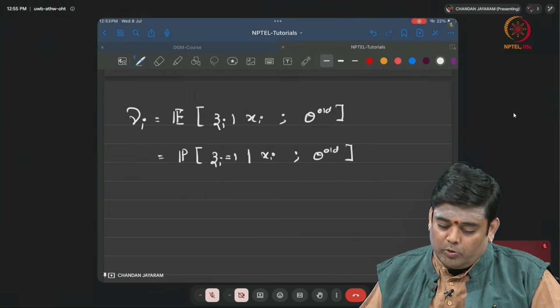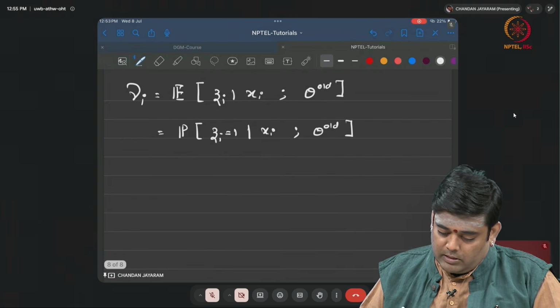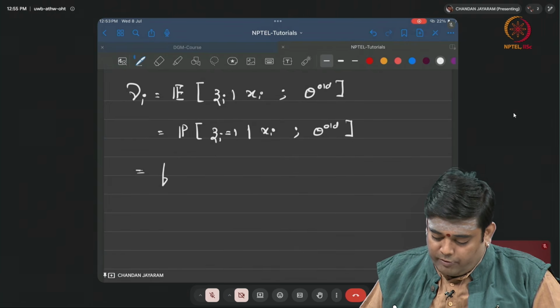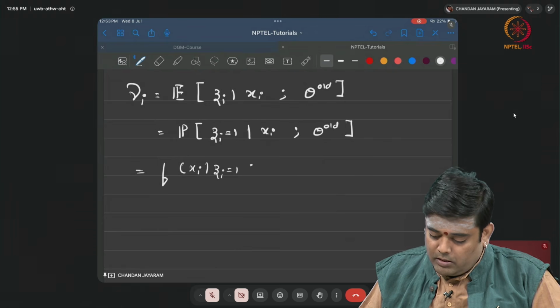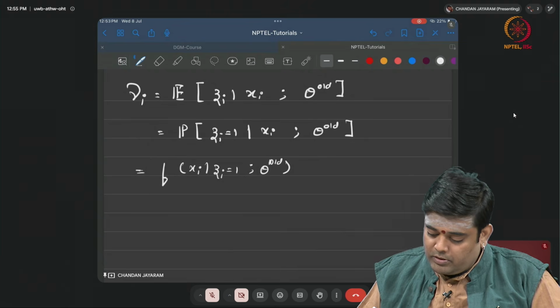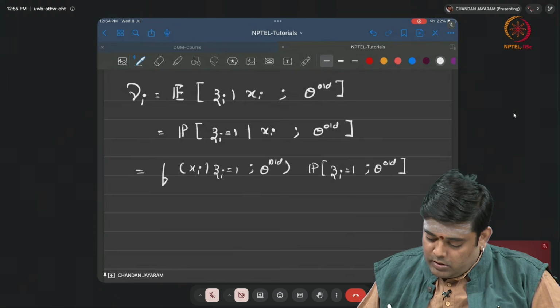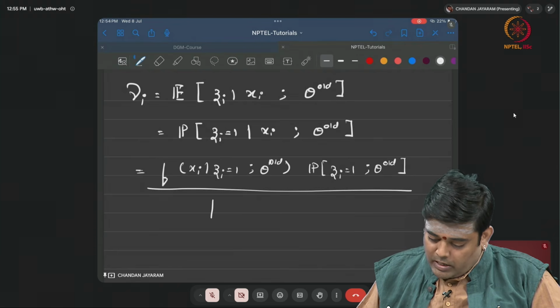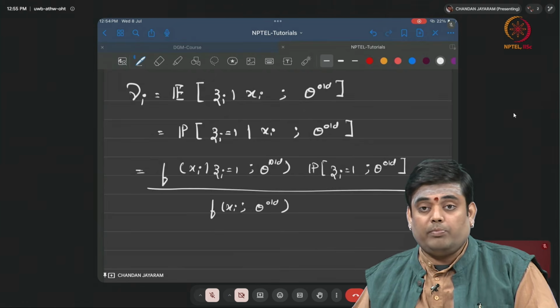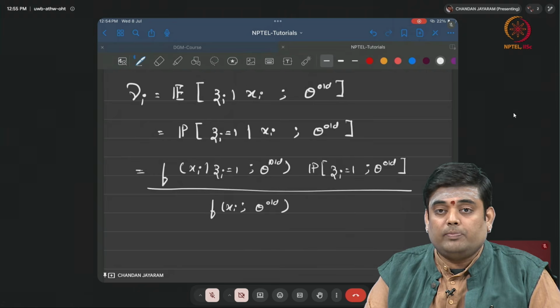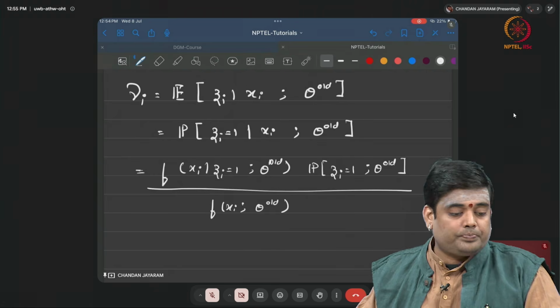Yes, apparently we can compute it using the Bayes rule. This is f of Xi given Zi equal to 1 parameterized by theta old, into the probability of Zi taking the value 1 parameterized by theta old, divided by f of Xi parameterized by theta old. This is from Bayes rule.